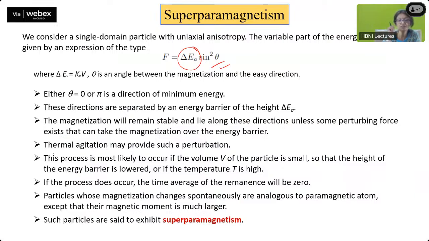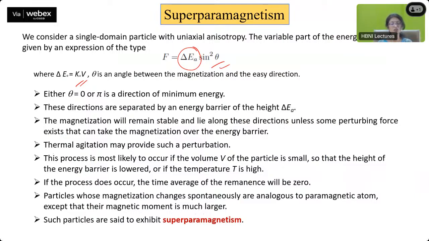These directions, as we have seen, are separated by an energy barrier of height delta EA. The magnetization will remain stable and lie along these directions unless some perturbing force exists that can take the magnetization over that energy barrier. Thermal agitation may provide such a perturbation. This process is likely to occur if the volume V of the particle is small, so that the height of the energy barrier is lower, or if the temperature T is high.